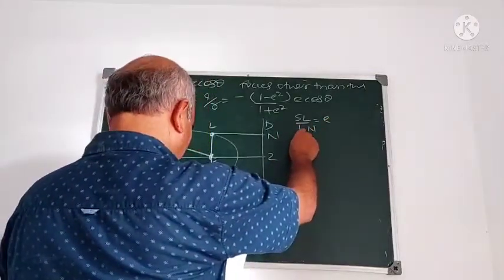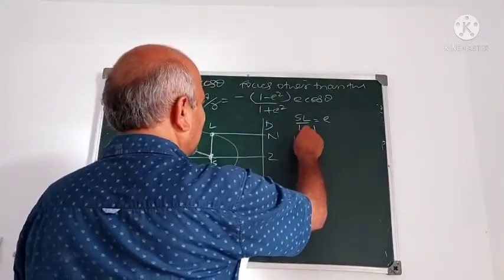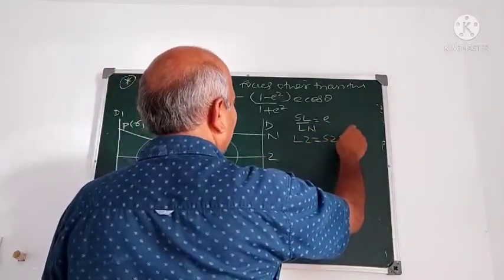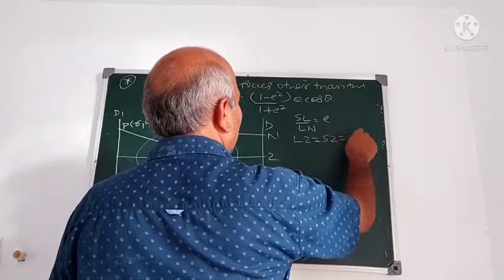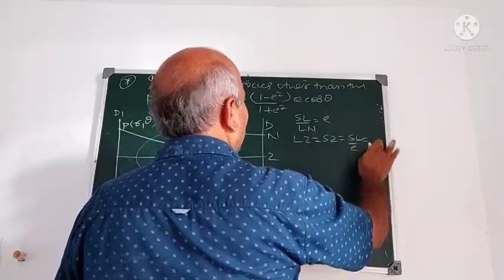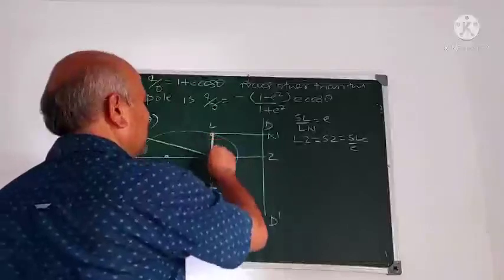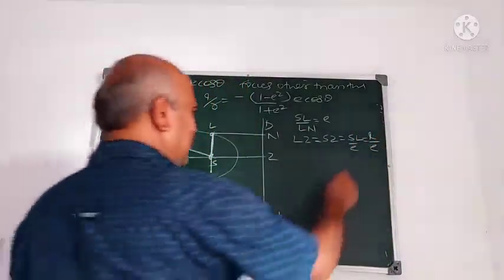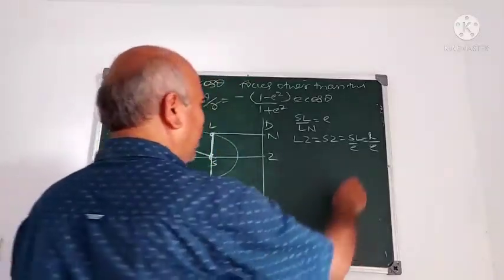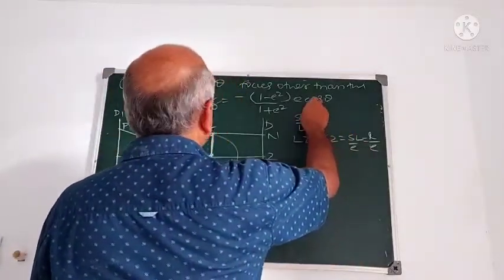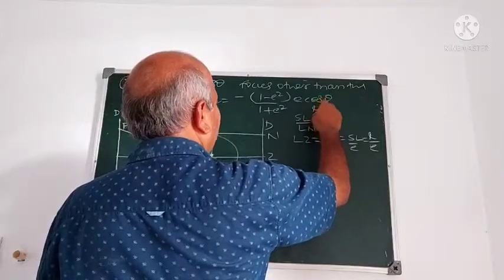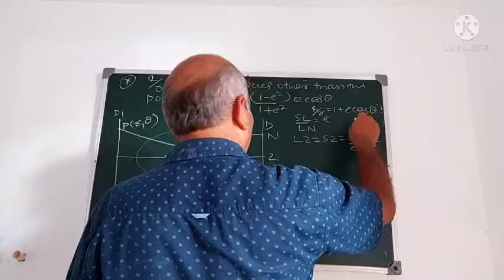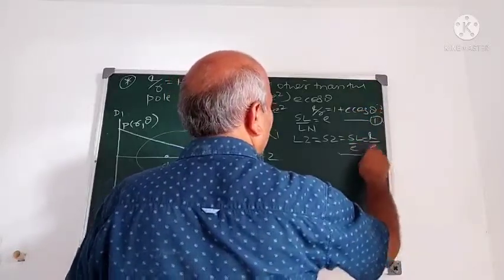Therefore LN, which is equal to SZ, is equal to SL by e. What is SL? SL is the semi-latus rectum, small l, so it is small l by e. And the equation of the conic I take as l by r is 1 plus e cos θ. This is 1. This is 2.